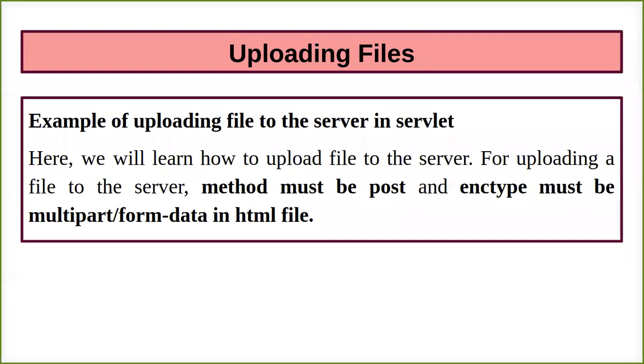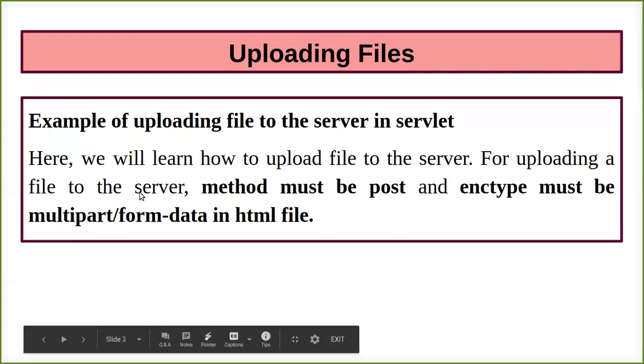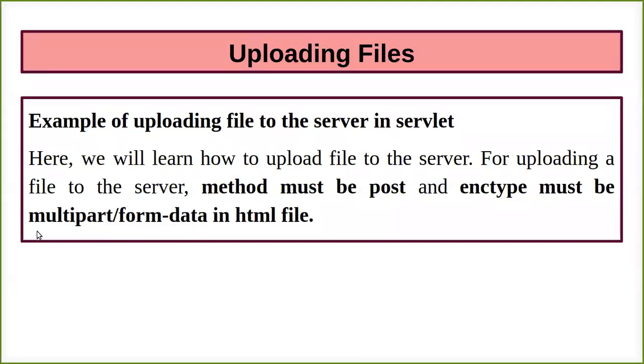So you mention the method as post, and one more attribute, that is your encryption type. Which type of encryption method are you going to use? It is multipart/form-data. So this is exactly what is written over here, you have to write it in your HTML file.